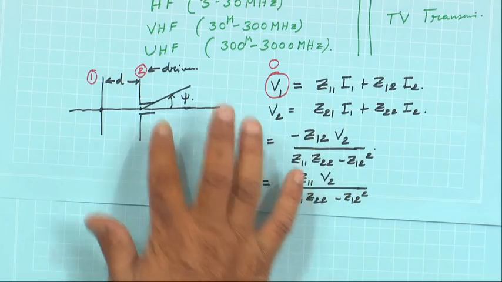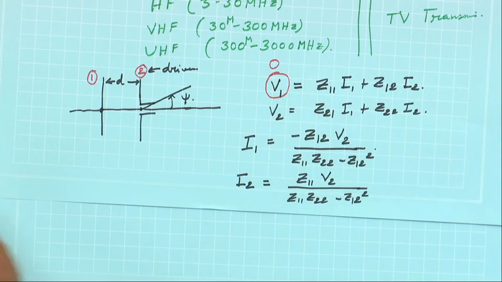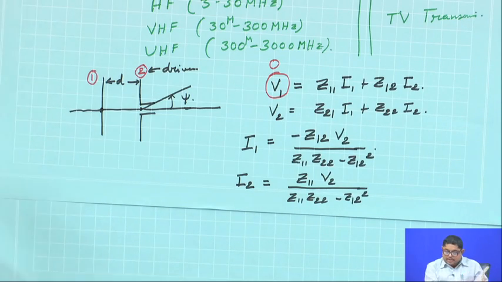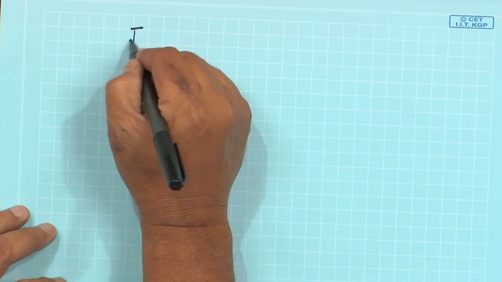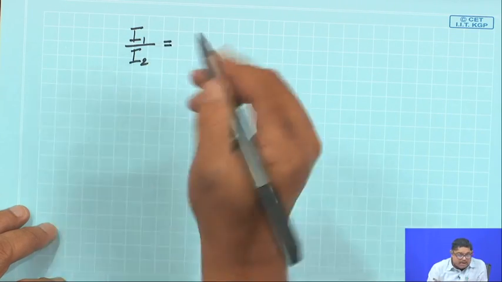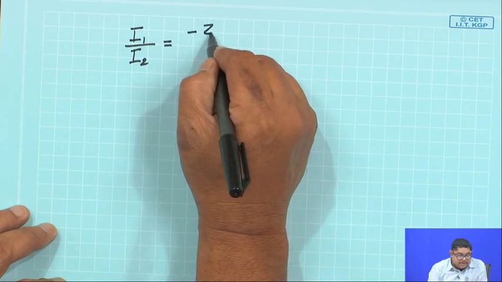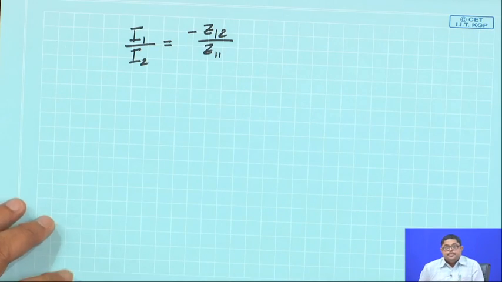So I 1 and I 2 both have currents, so both will now radiate, and my far field radiation will be the sum of them. From that I can write that I 1 by I 2 is minus Z 12 by Z 11.